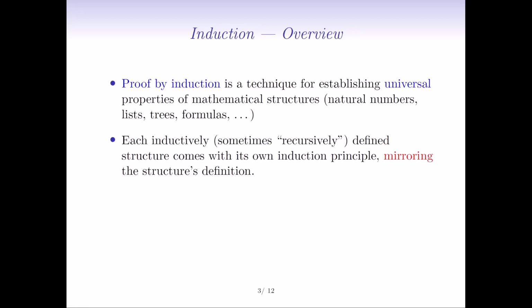Namely, we have to show that the smallest objects of that type have the property, and that if some arbitrary element, structures of this type have a property, and we apply the construction operation to get a larger object of the type, then the property is true for the larger structure as well. And then it follows that the property must hold for all structures of that type, because you've shown that the property holds no matter how it is that we build up the structures.